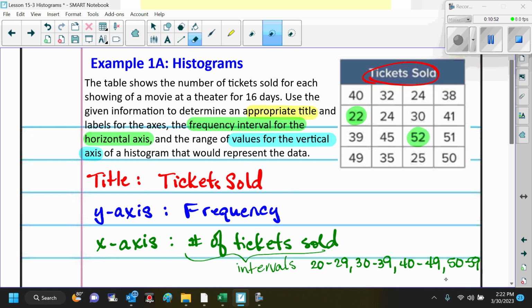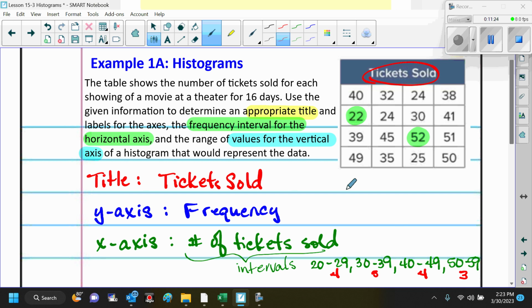Okay? The frequency, depending on how many there are in each one, will determine what we're going to count by. So when I was looking at this, we had 4, 5 here, 4 here, and 3 here. So when we're looking at the number of times we get that number of tickets sold in that interval, you can see our data goes from 3 to 5.